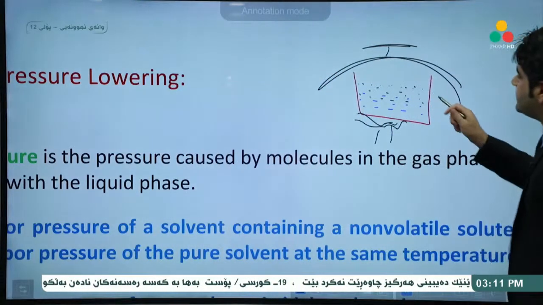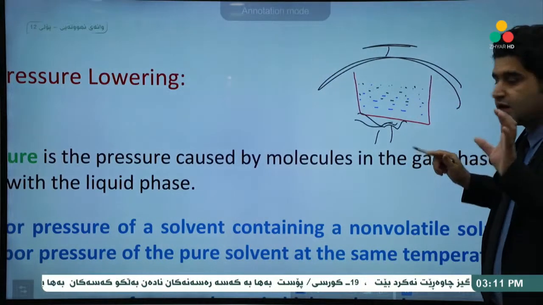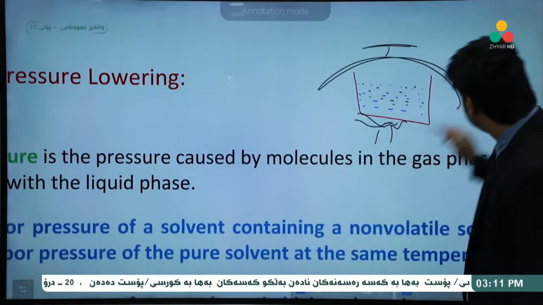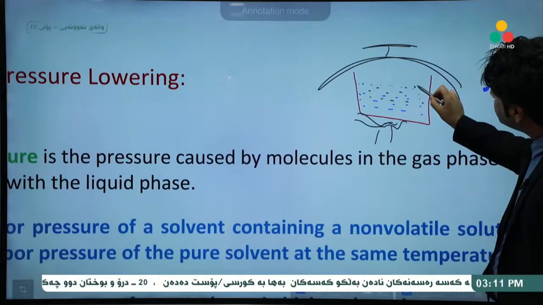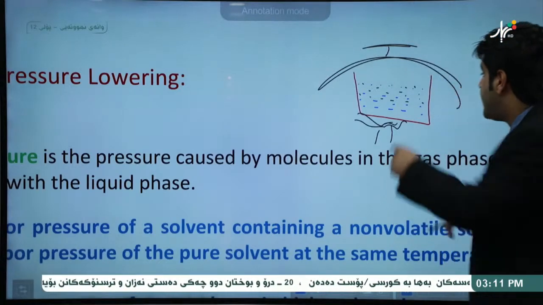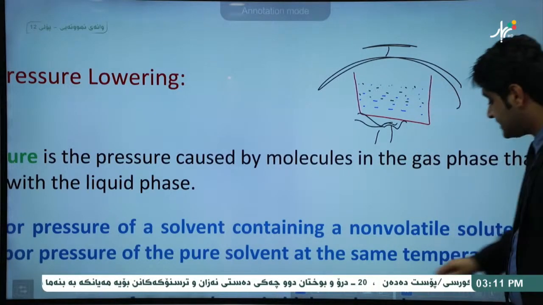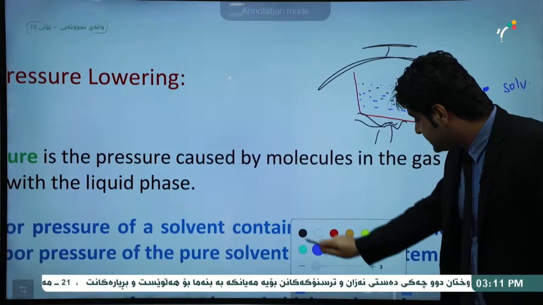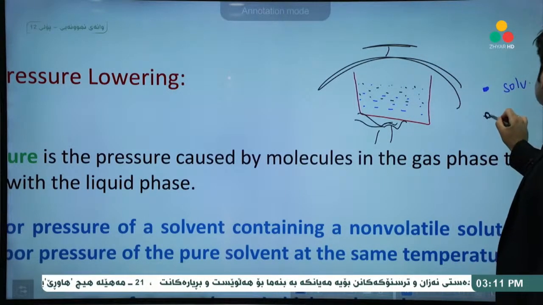Look, in here, the amount of solvent particles, which are blue, decreased. Some of the particles are replaced by black ones, which are the solute.